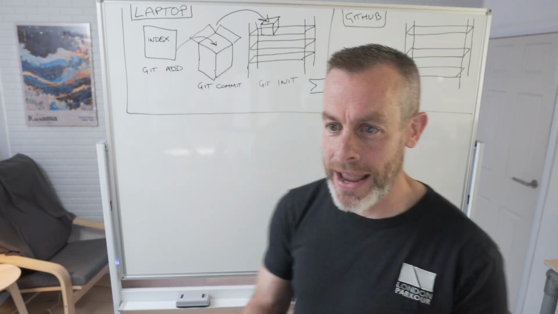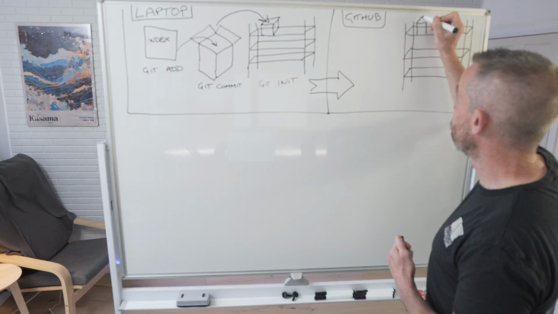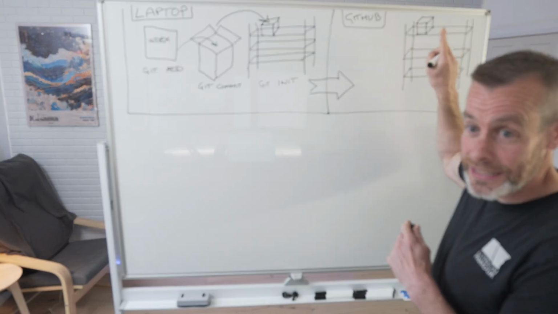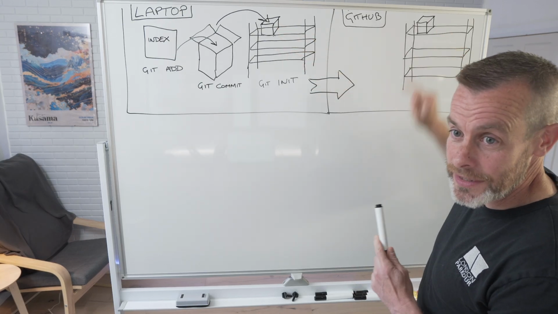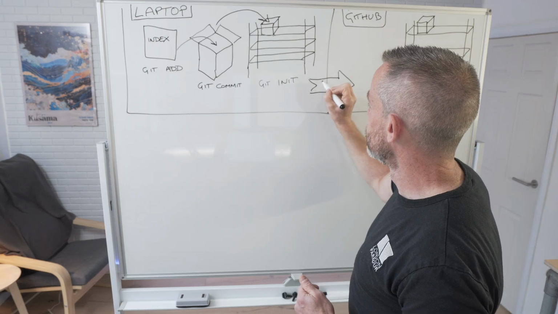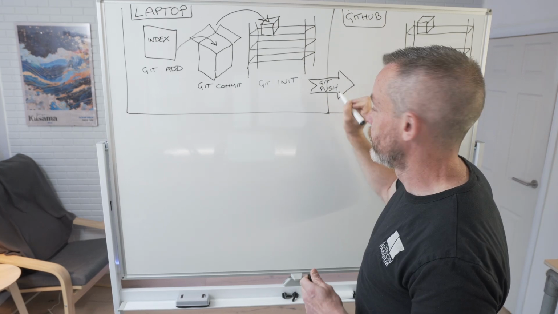All right, now we have our box on this side, and this is where we need it. GitHub needs to have our box, so we've pushed this box up to there, and this is a git push.